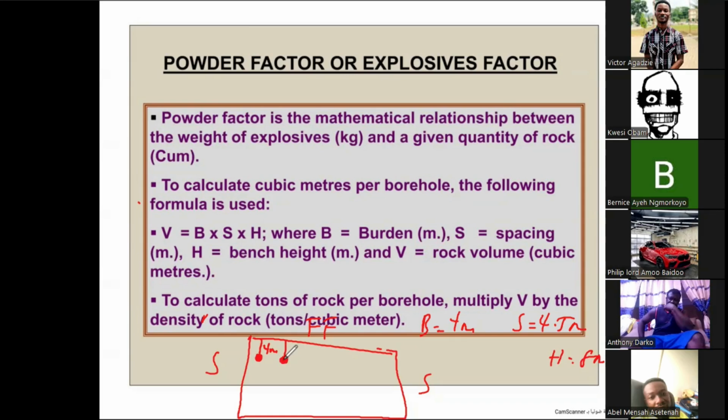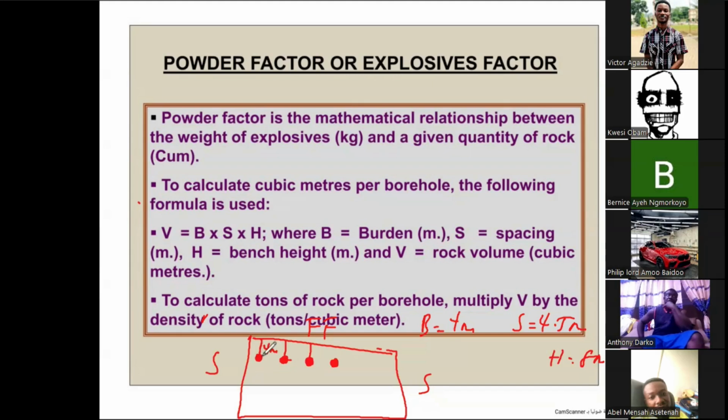That's the whole idea about pattern. The spacing is the distance between holes in the same row, right? If you move 4.5 away from here, you have the spacing, then still 4 meters, you have a bedding. In that order, like this.